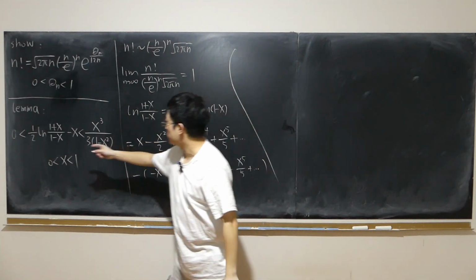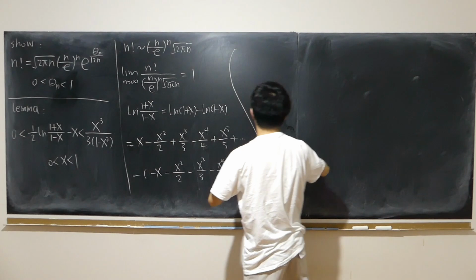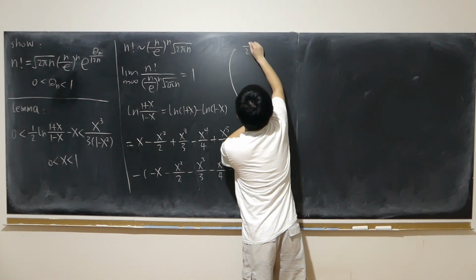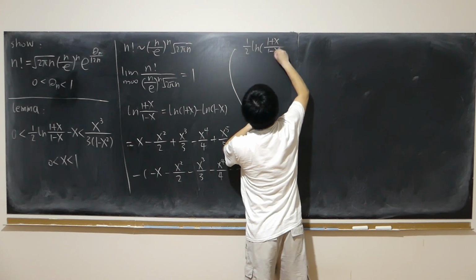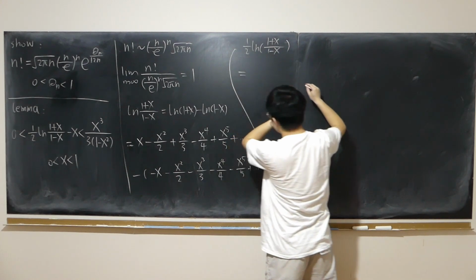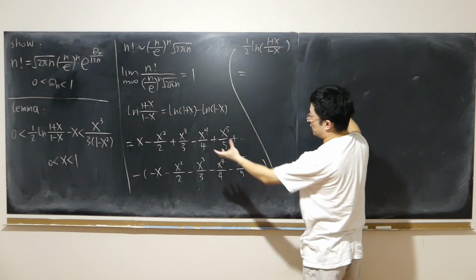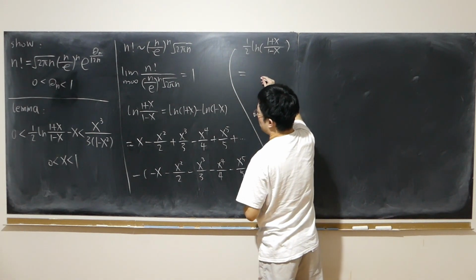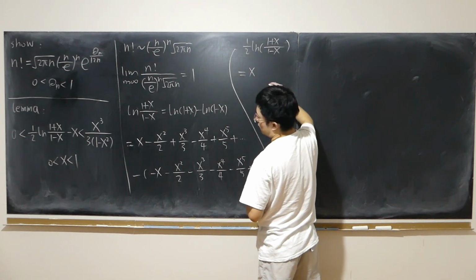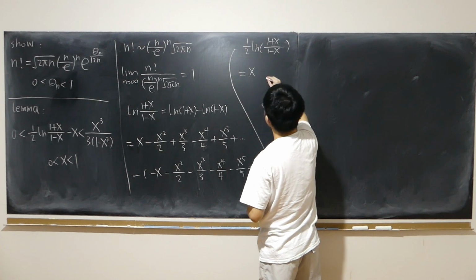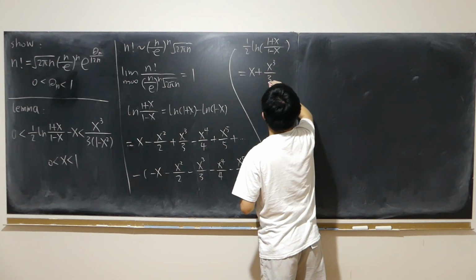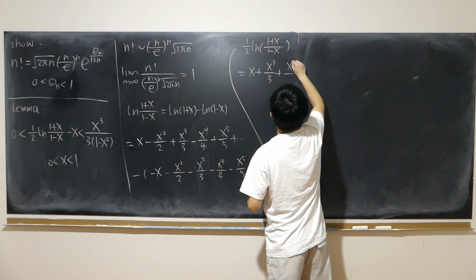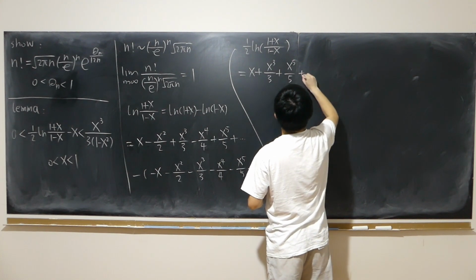But then I still have to multiply by half, right? So in other words, half of log of (1 plus x over 1 minus x) is equal to exactly the sum of all the terms of odd power, x plus x cubed over 3 plus x to the 5th over 5, all the way to infinity.